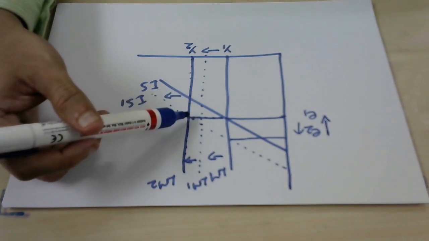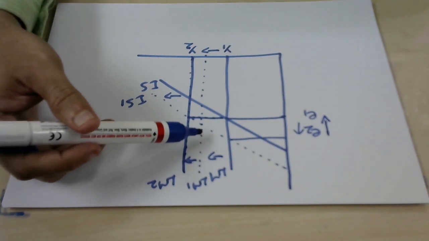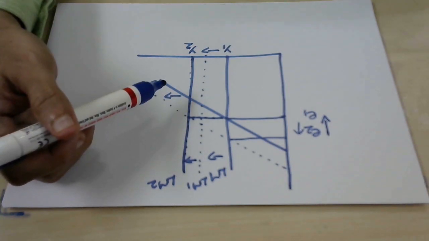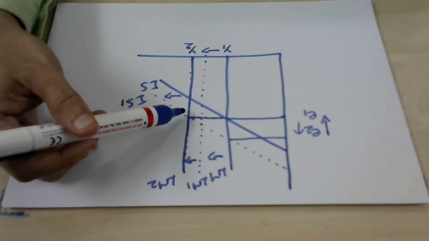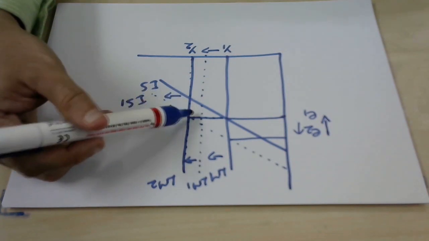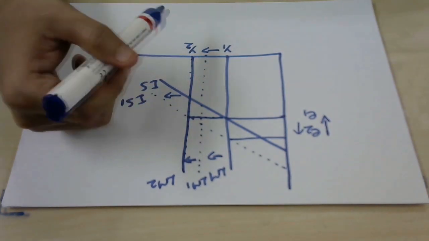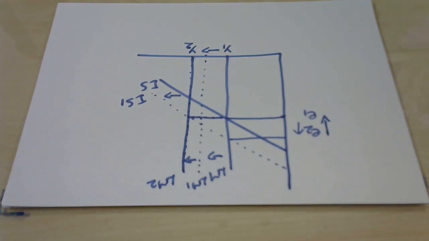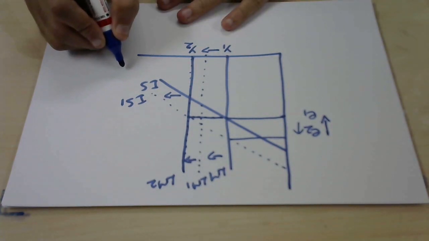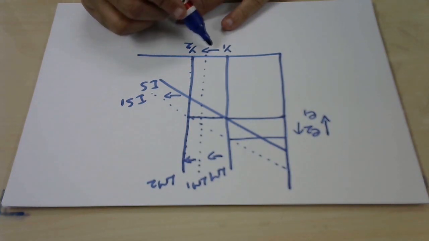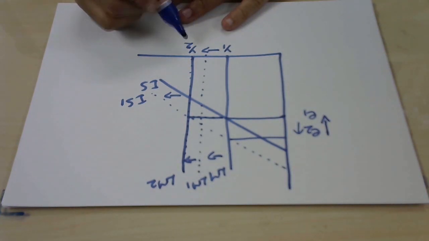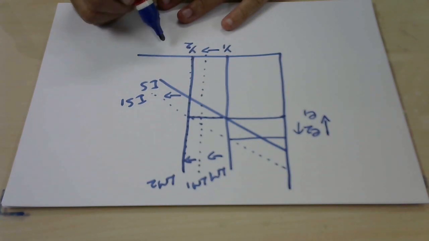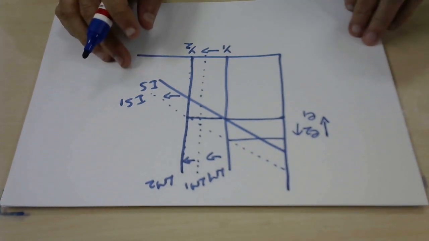But in the process, because the money supply has increased, it has led to an increase in the GDP. Now we can see that fiscal policy is highly effective, because output is increasing from Y1 to Y2 in a fixed exchange rate system.